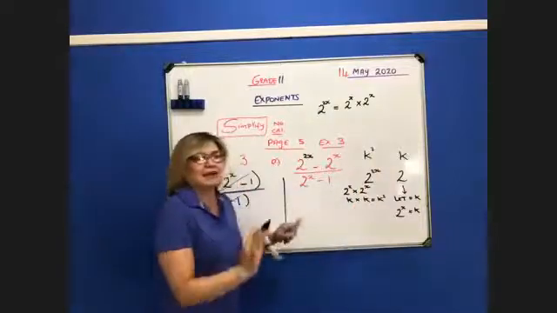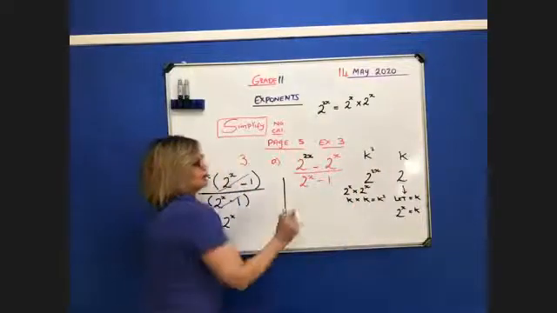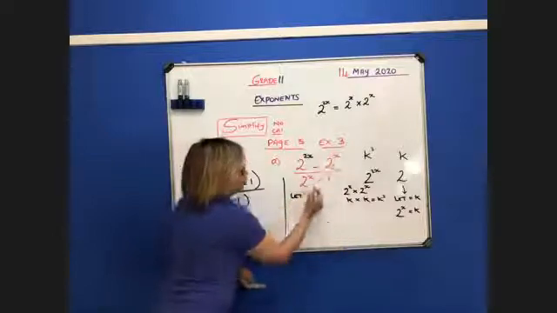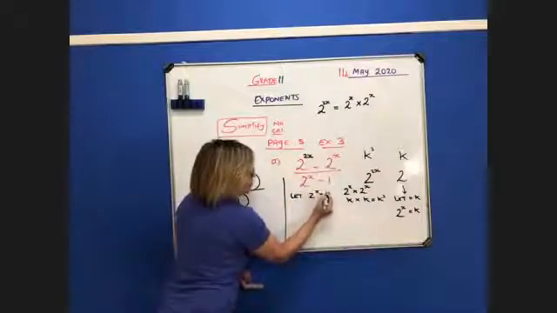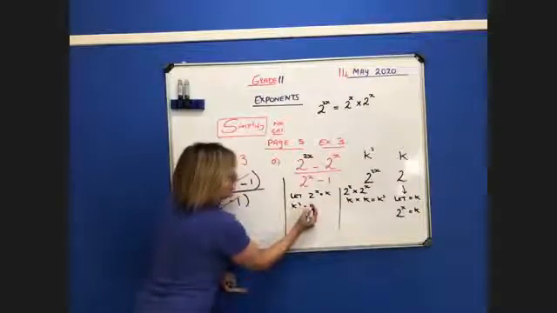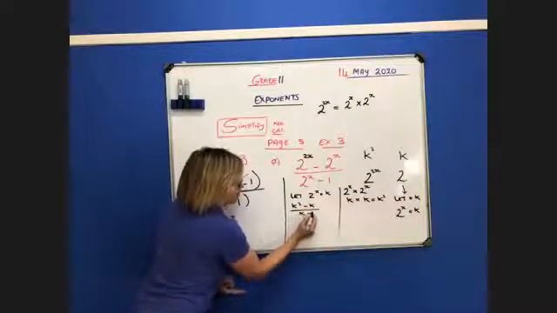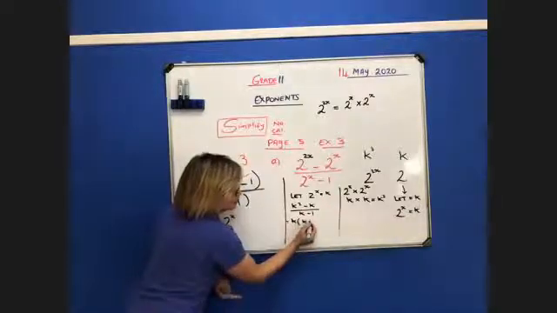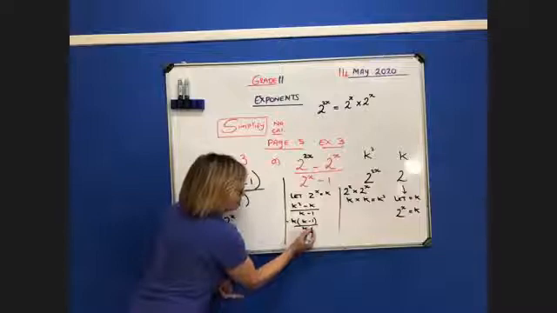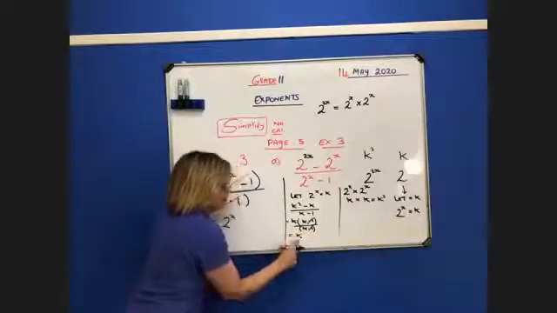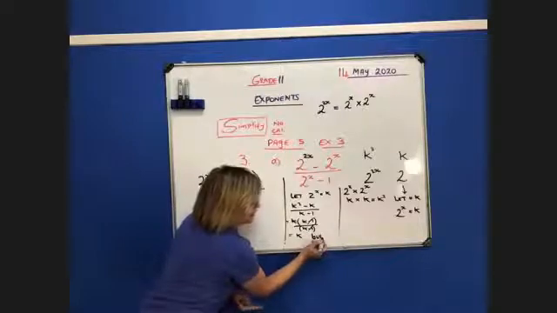Now you don't have to use this method, but you might find it easier. So you say let 2 to the x be k, then this becomes k squared minus k over k minus 1. Then you can take out your k, leaving you k minus 1. Then the brackets cancel, but you can't end there because remember, who is k?